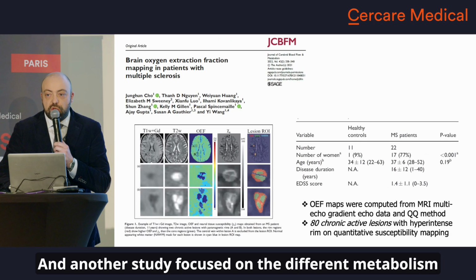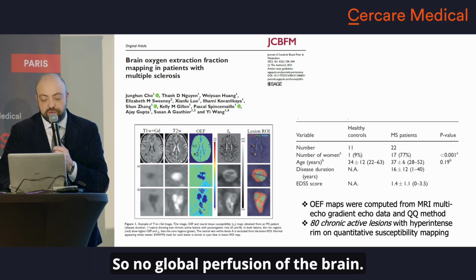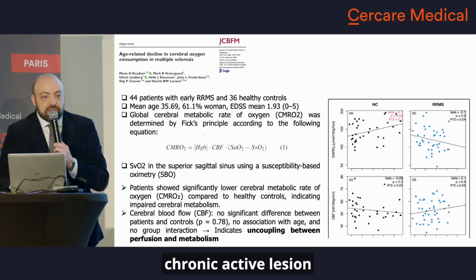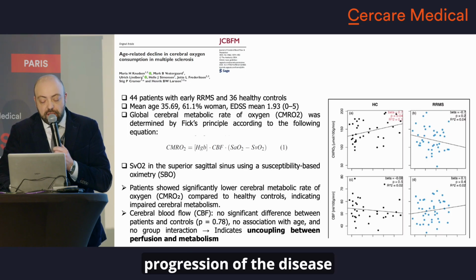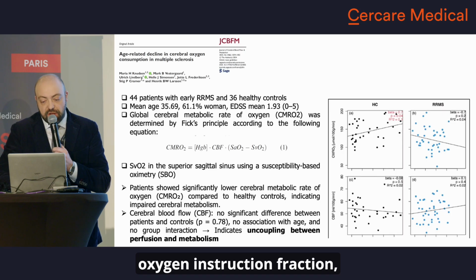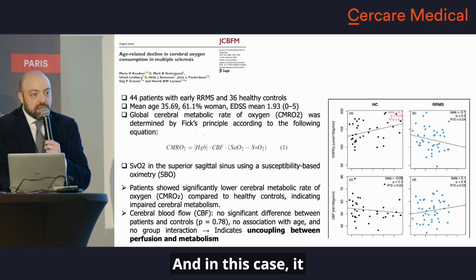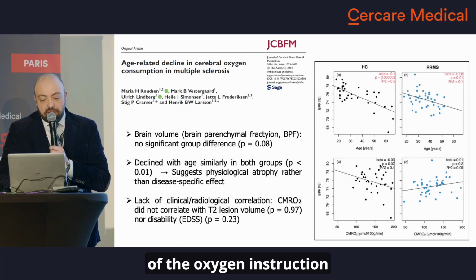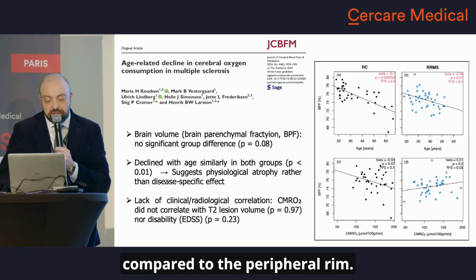Other studies focus on the different metabolism at the level of the lesion, not the global perfusion of the brain. For example, in this case, 80 chronic active lesions, which we know are very clinically important for the progression of the disease, were mapped with the oxygen extraction fraction, again in 22 patients. In these cases, a reduction of the oxygen extraction fraction was found at the core of the lesion compared to the peripheral rim.